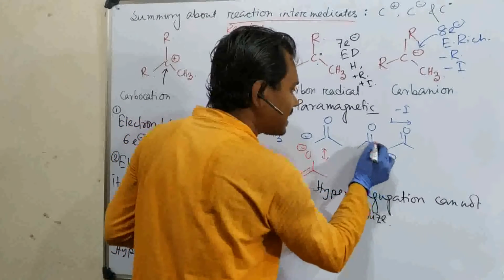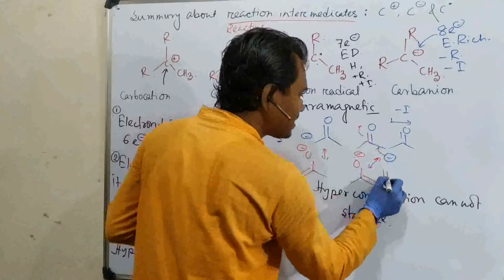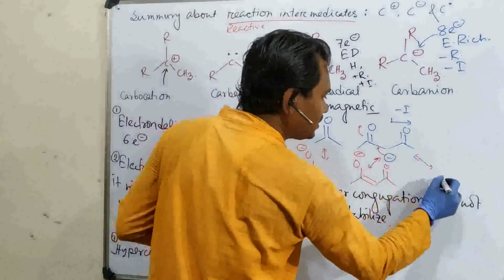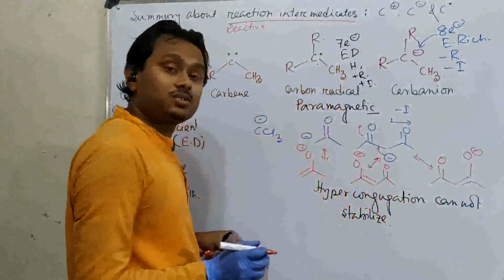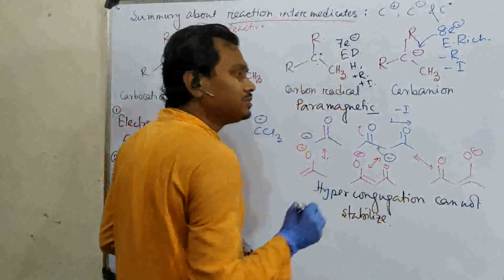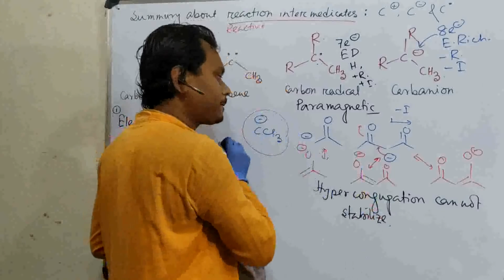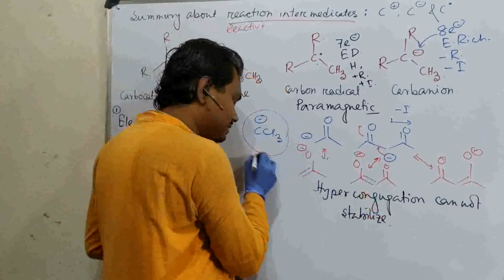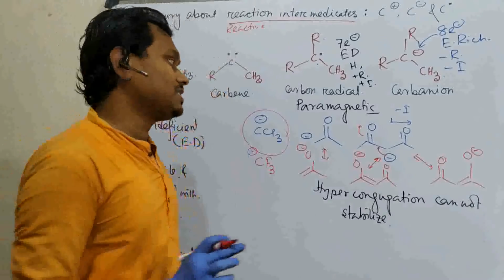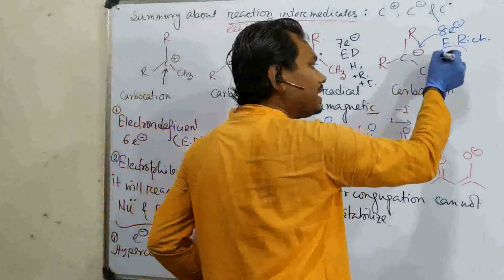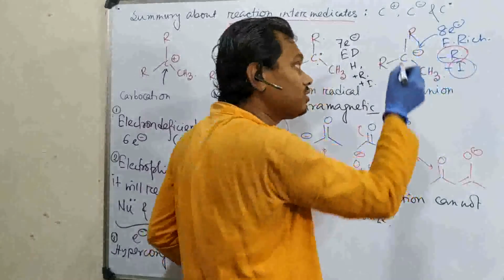One is this side, so O minus, and another is from the other one, this O minus. So both ways it is stabilized, which means it is doubly stabilized and more stable. And that is the reason you have to consider the minus I effect, like in CF3 minus, as well as the minus R effect. Both help to delocalize the concentrated excess electron on carbon.